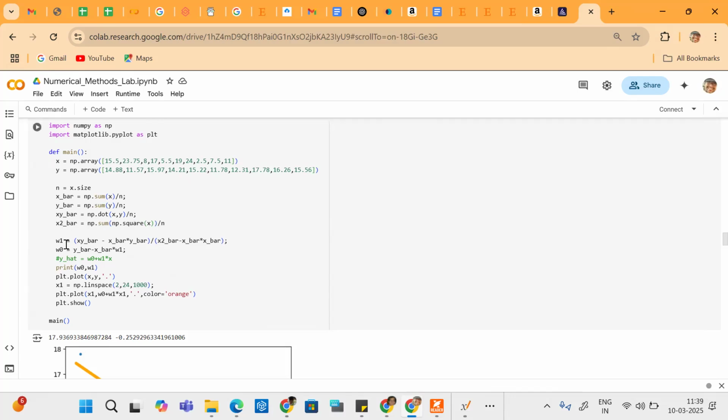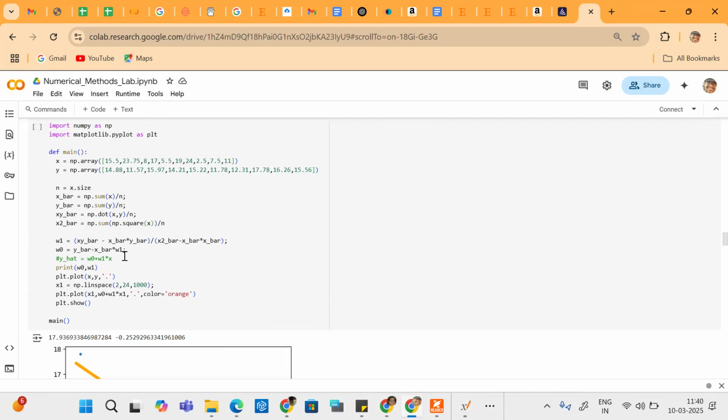We compute W1 first as XY bar minus X bar into Y bar, divided by X square bar minus X bar squared. Based on W1, you can compute W0 as Y bar minus X bar into W1. Now you have the best fit coefficients.